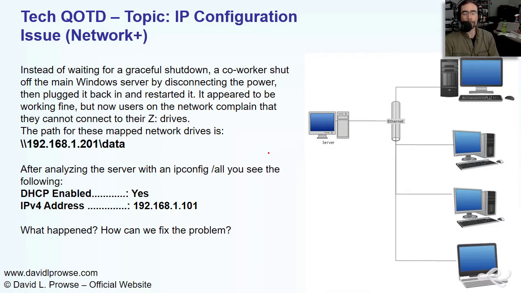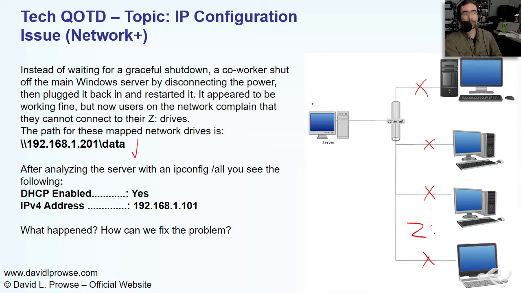Okay, so what happened? Well, we have our computers over here, and now they can't connect to their mapped Z drives. They're all having problems connecting to their Z drives. And Z normally means a mapped network drive to a server. We see that the path for these mapped network drives from the clients is \\192.168.1.201.